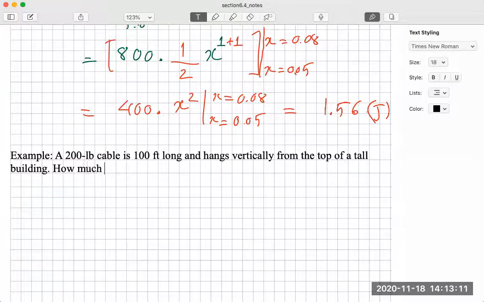How much work is required to lift the cable to the top of the building?